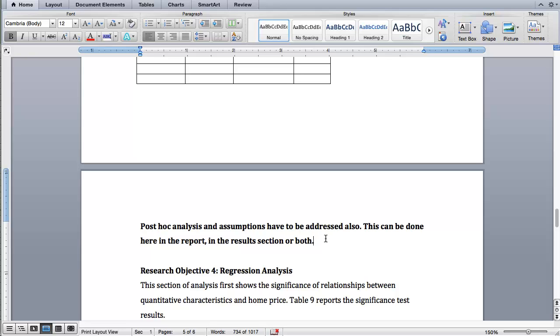So post hoc analysis helps us really get to the specifics of our results. And of course the assumptions, we need to at least address those insofar as we say that they've been checked and considered and hopefully 100% met. So some more of those details we'll discuss in class, but this gives you hopefully a general overview of the tests that we're running to complete part 2 and how we're running those tests.